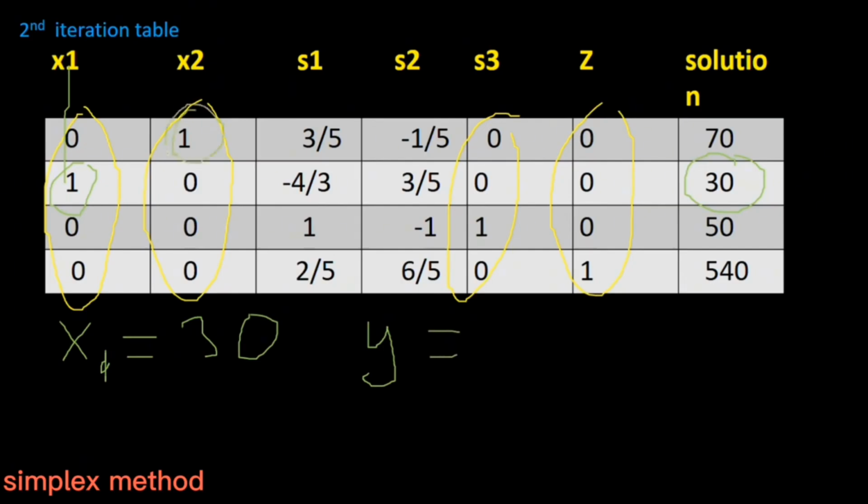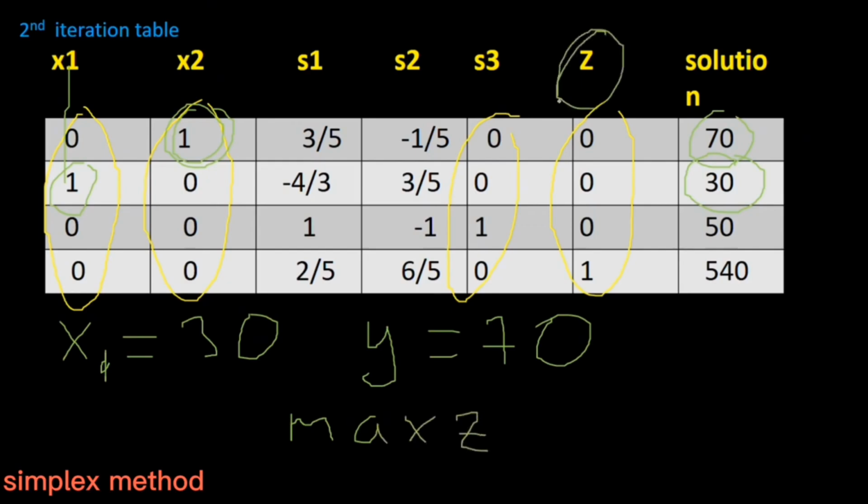The level of 1 is equal to this 70. And the maximum of z, this z is equal to this point, that is 540.